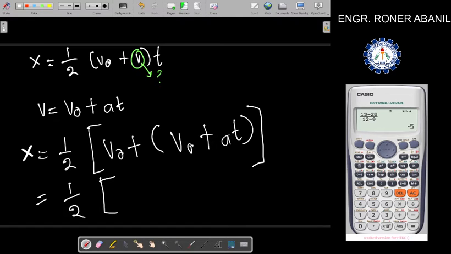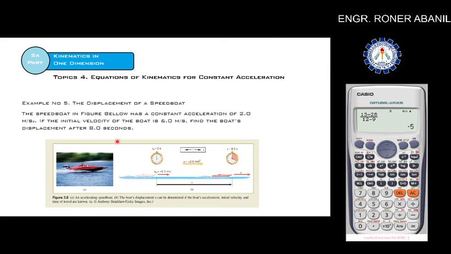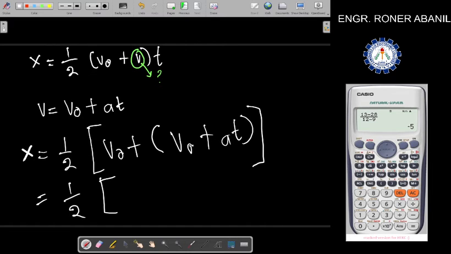Ano yung velocity natin? Initial. Balikan natin yung problem. 6 meters per second. Magiging 6 meters per second plus 6 meters per second plus yung acceleration natin. Oy, nakalimutan natin yung time dito, no?